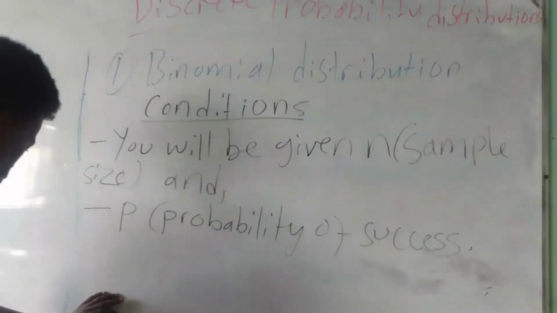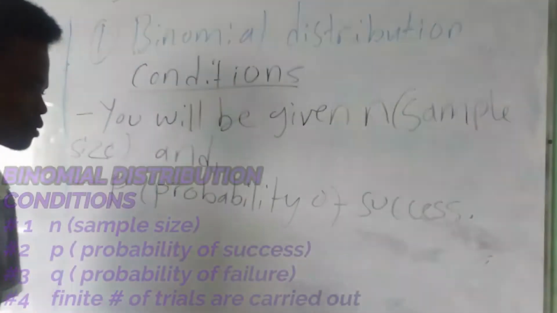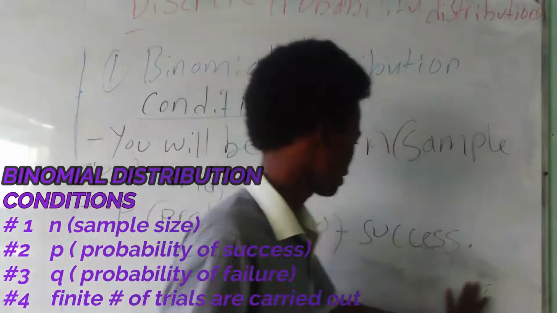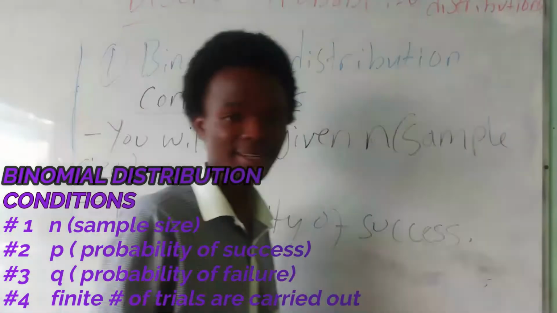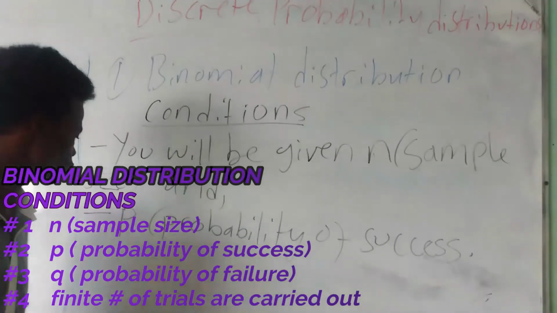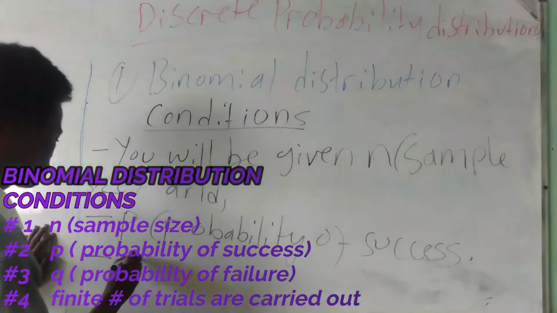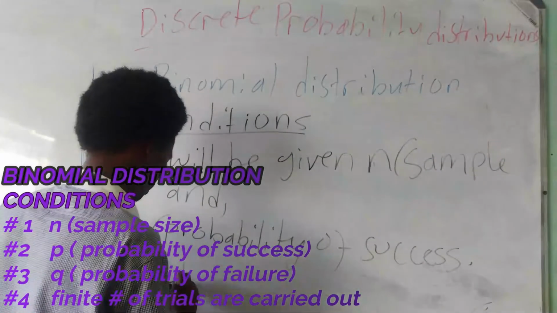You also have to know that the trials are independent. Outcomes are either success or failure. That's why we have p and q, where q is the probability of failure.